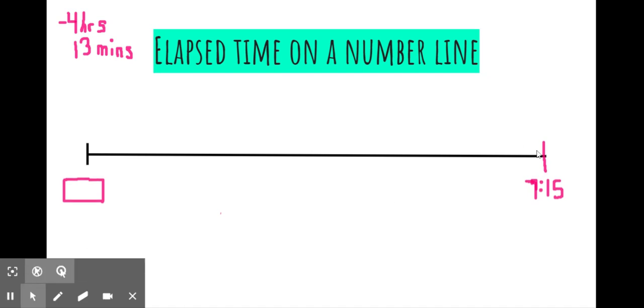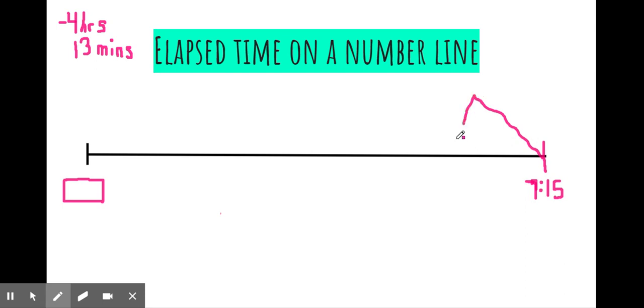Okay, to begin, we're going to have to use a mountain and subtract an hour. Okay, if we subtract an hour from 7:15, what time will we have? Yes, 6:15.